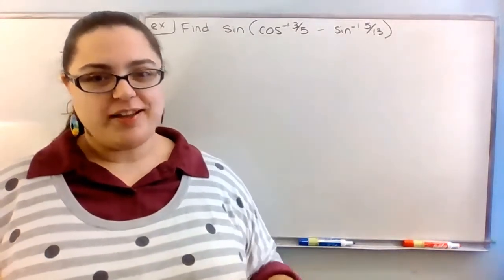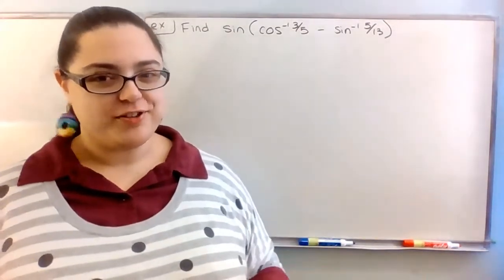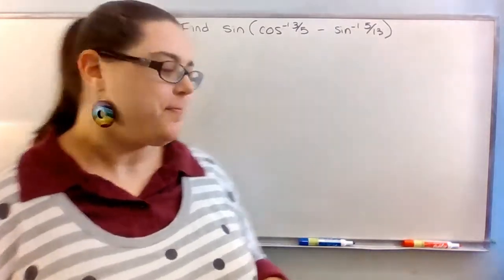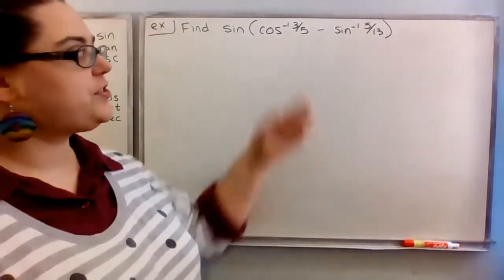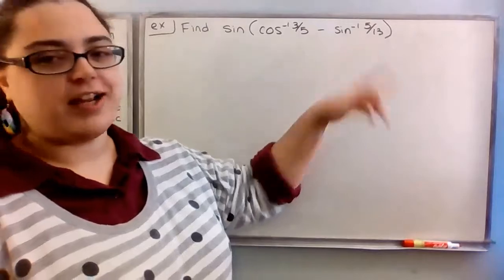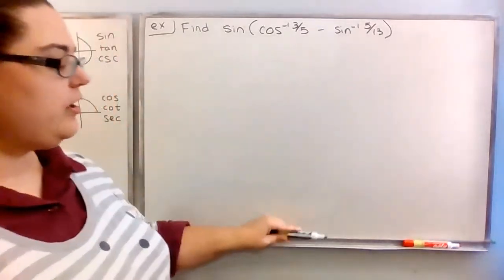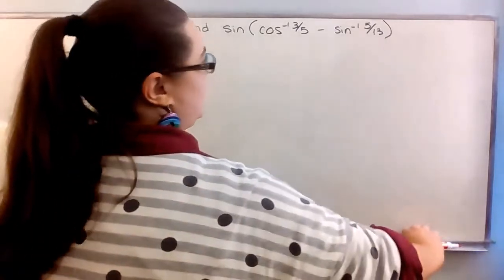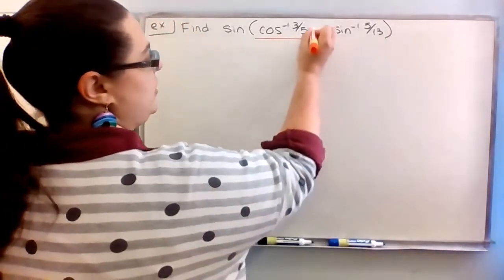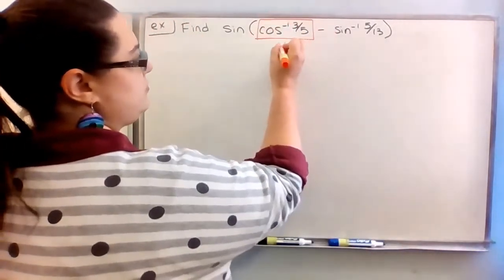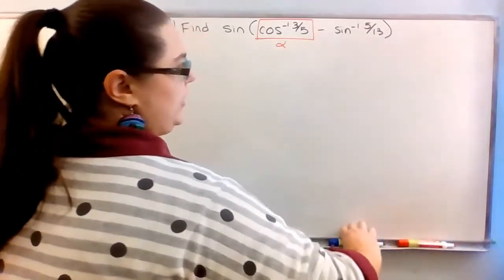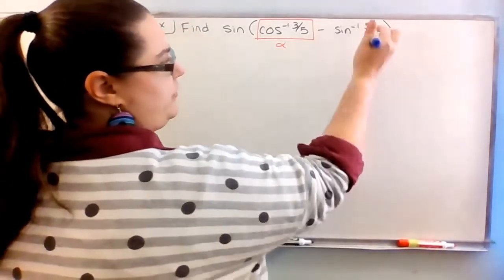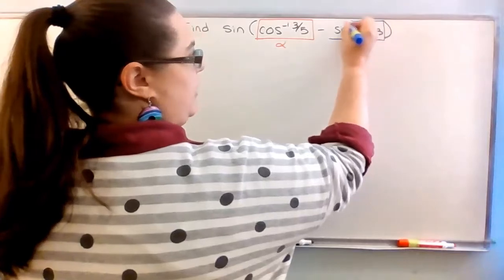Don't let this heavy inverse trig notation fool you. Remember that inverse cosine or inverse sine just refers to an angle. So I'm going to call inverse cosine of 3/5 alpha, and let's call inverse sine of 5/13 beta.